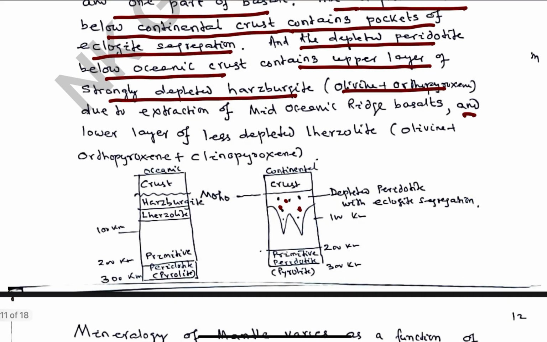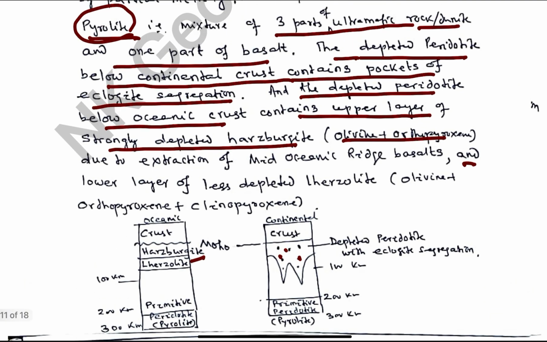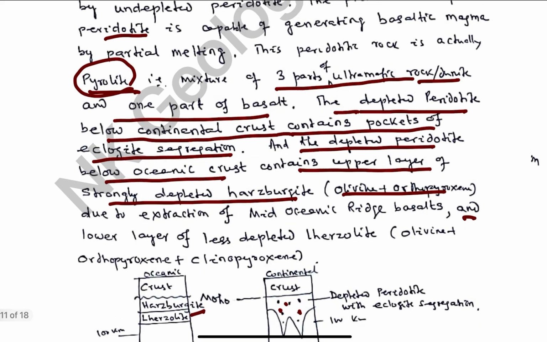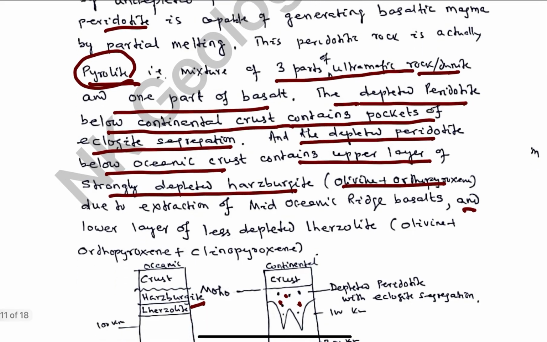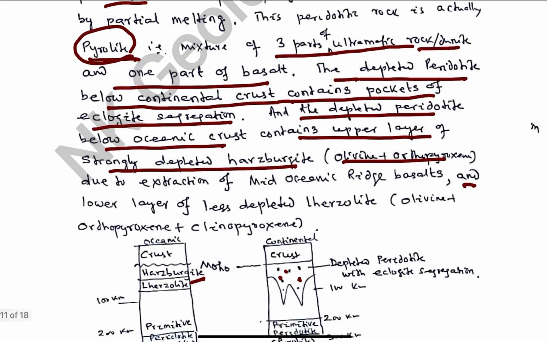And below this, there is less depleted lherzolite. So main rock of the mantle is peridotite, and we can say it is pyrolite, which is a combination of 3 parts of dunite, 1 part of basalt. Mixture is peridotite. And the place where the magma has been generated, that shows depleted peridotite.